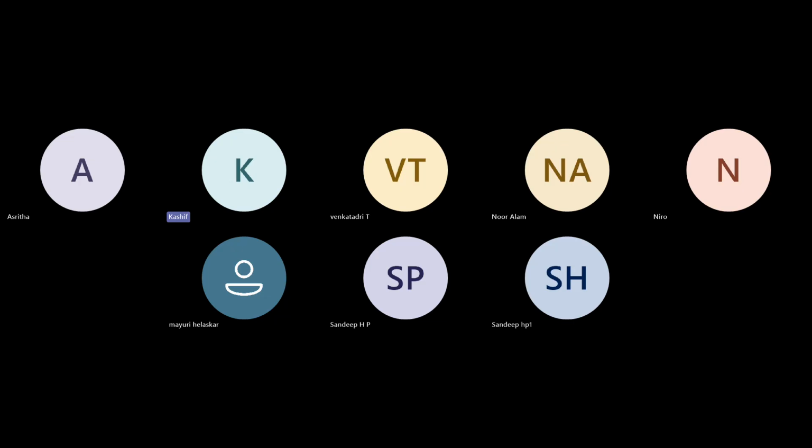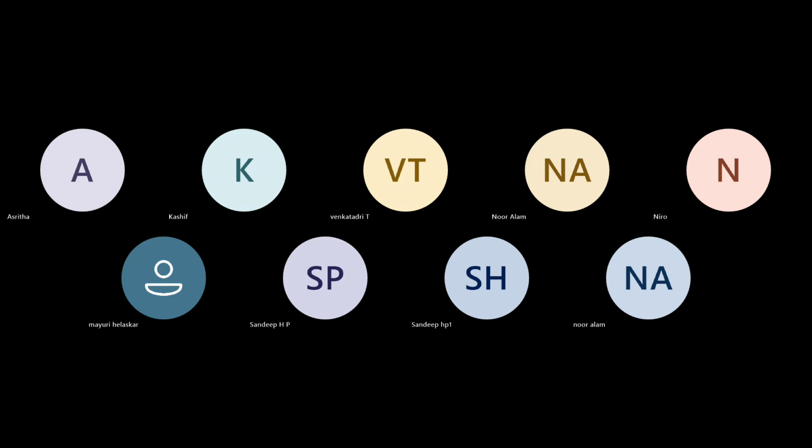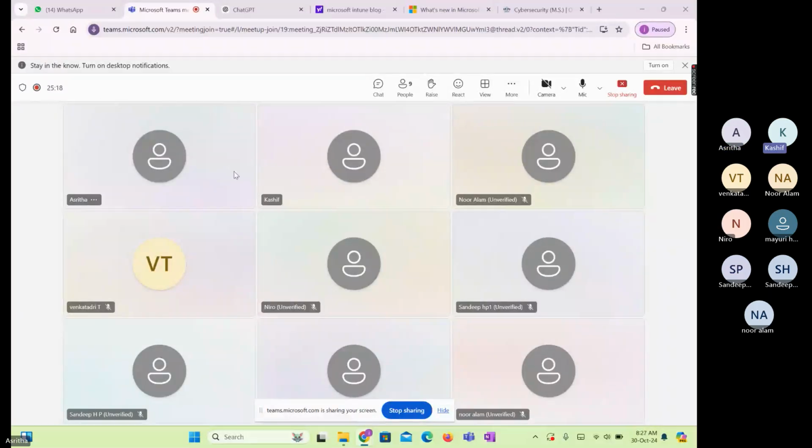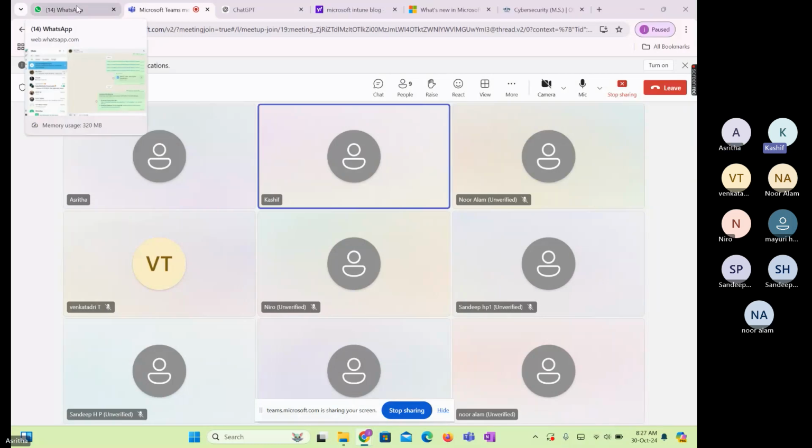Ashrita, can you share your screen? Yeah, just a minute. On the top right hand side, next to the leave button, you have the share option. Okay, Ashrita, I can see your screen now. So those two things you have to download.